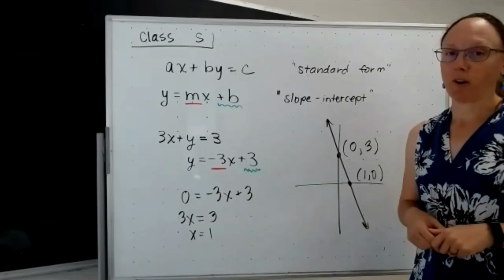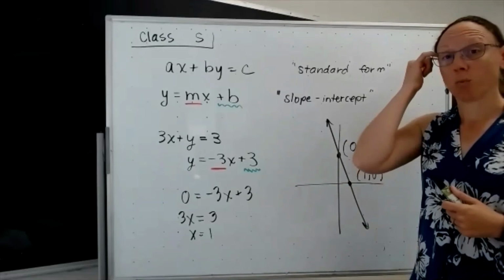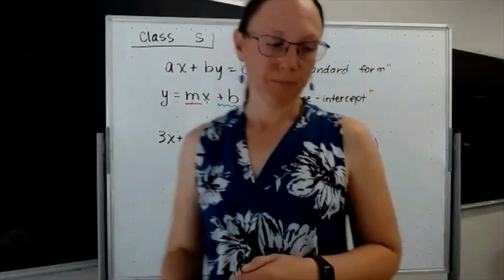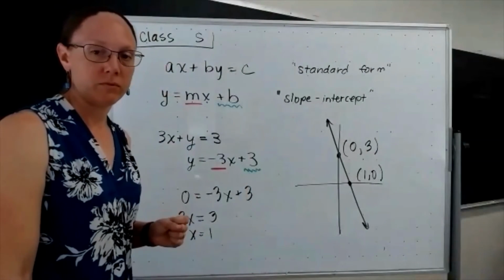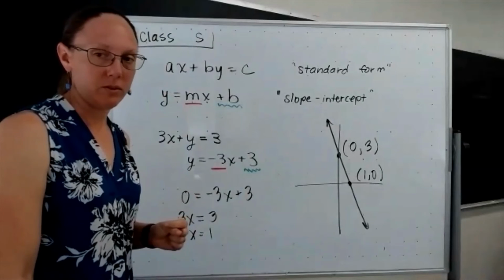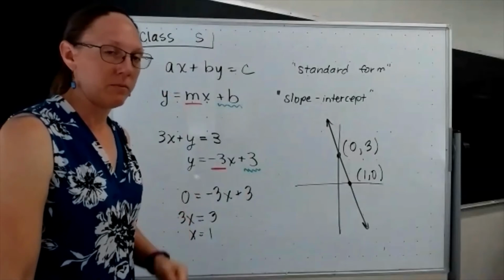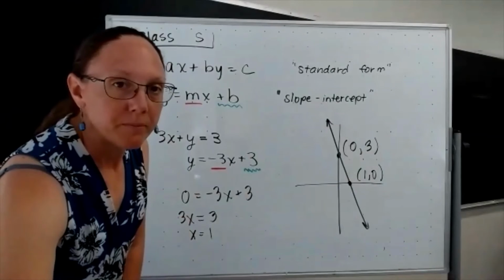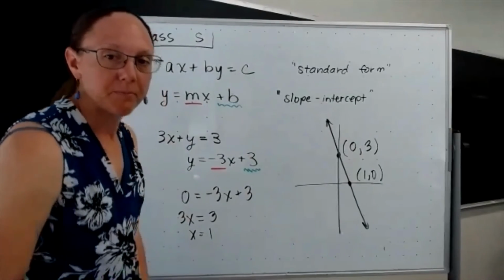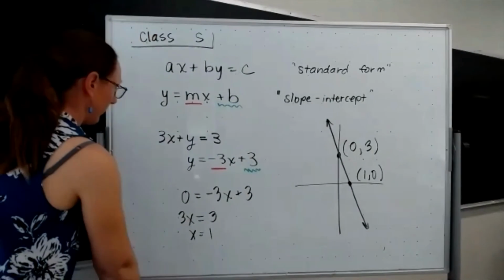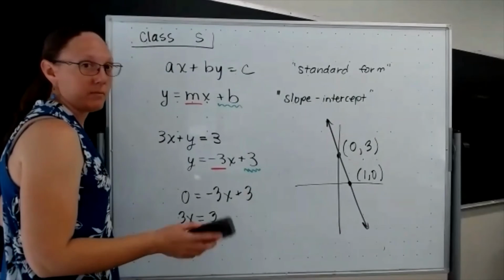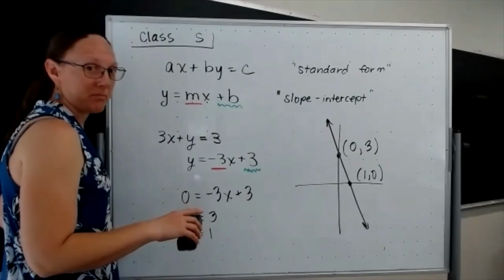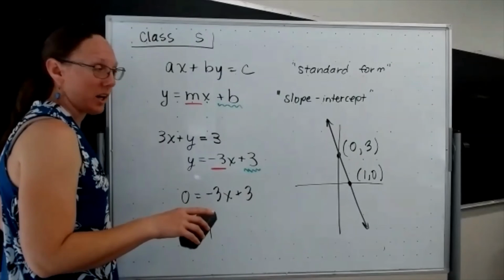But in general, when you graph a line, we always want to label 2 points. Gonna erase it, get one more on here.